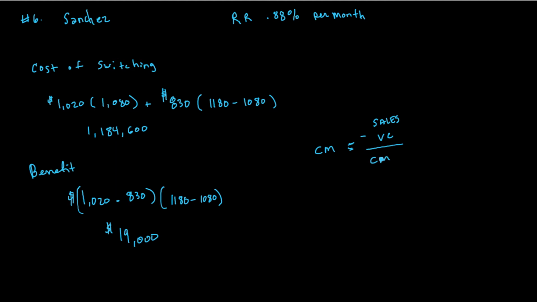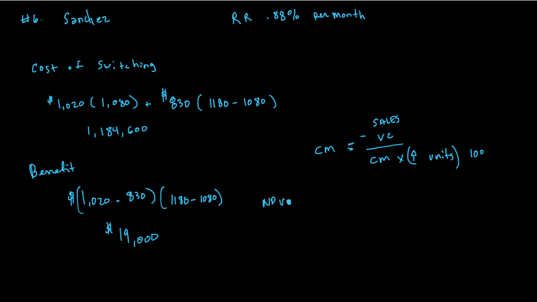So we're multiplying our contribution margin by the increase in units, which is 100 units. So basically we're going to have an increase to our bottom line, or our net income, of $19,000.